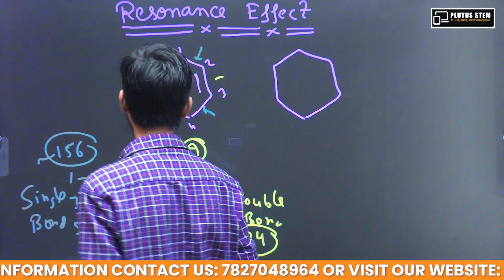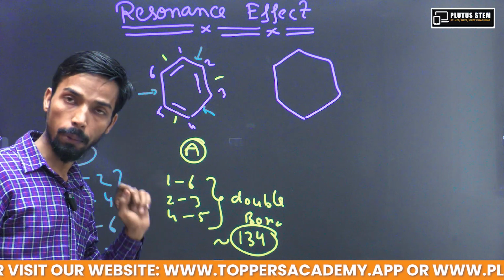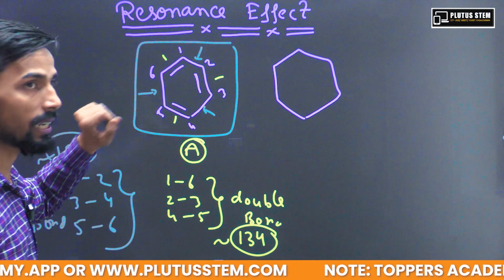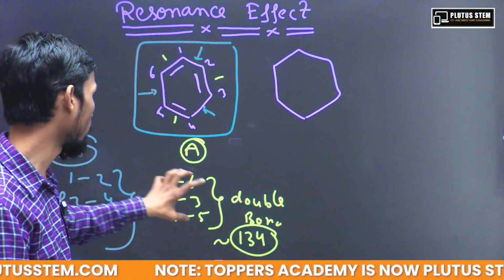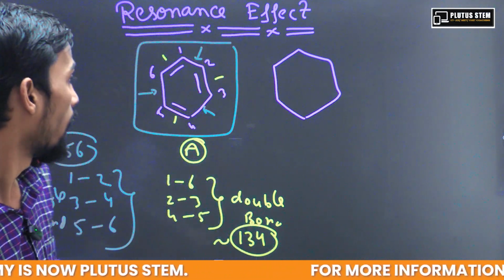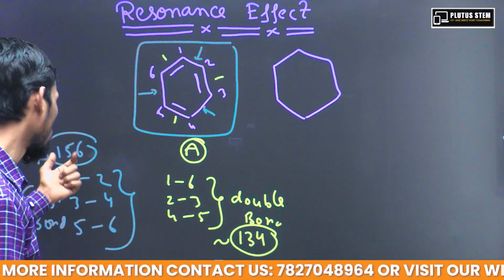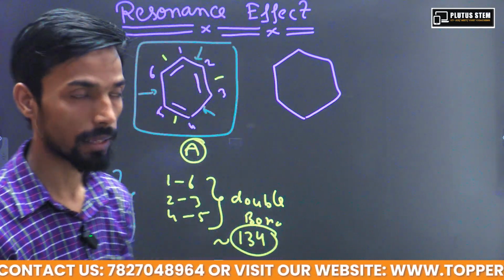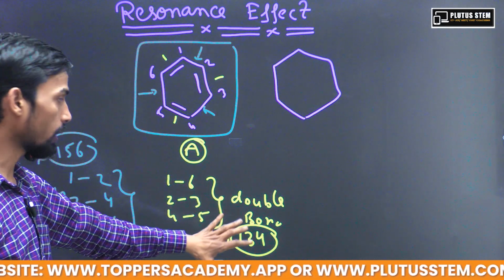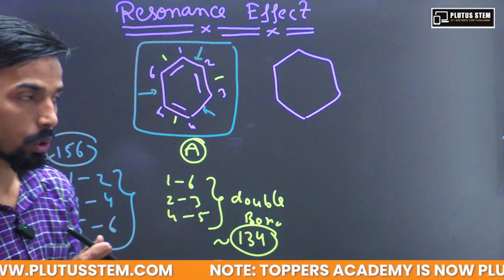We are unable to explain the structure and properties of this compound by a single structure. A single structure would give two different bond lengths, but actually there is only one type of bond length, and that value is neither 134 nor 156, but in between.